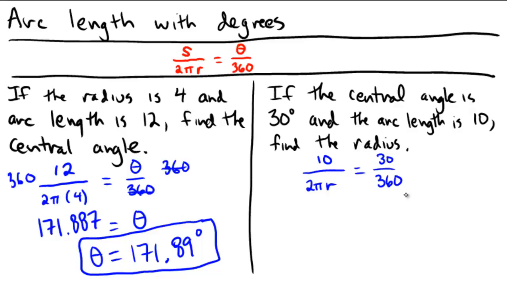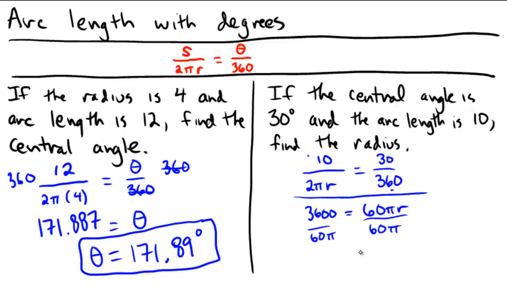So in this context, if we cross multiply, 360 times 10 is 3600. 2 times pi times r times 30 would be 60 pi r. And so when we want to find r, we'll just divide by 60 pi on both sides, and what are we going to get for our r?